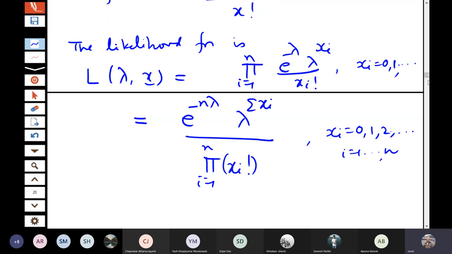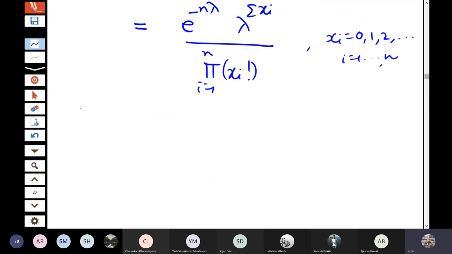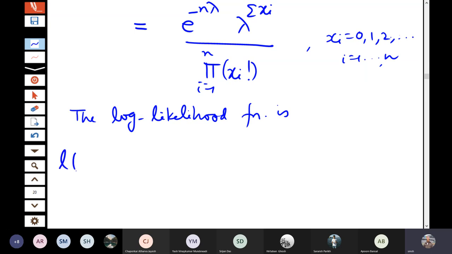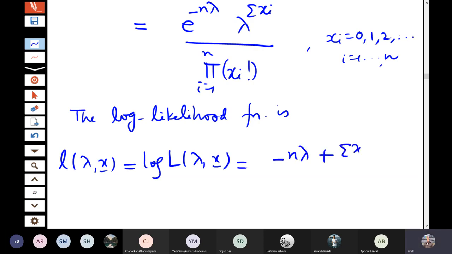So let us consider then the log of this. So the log likelihood, that is log of L(lambda), is minus n lambda plus sigma xi log of lambda minus log of the product of xi factorial.